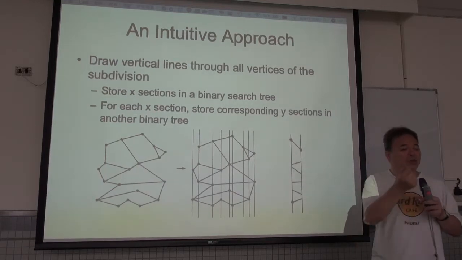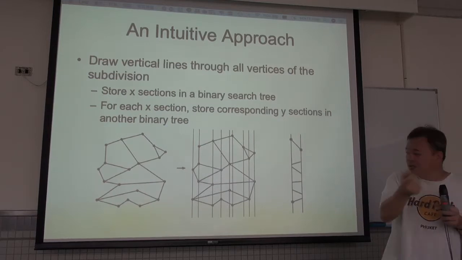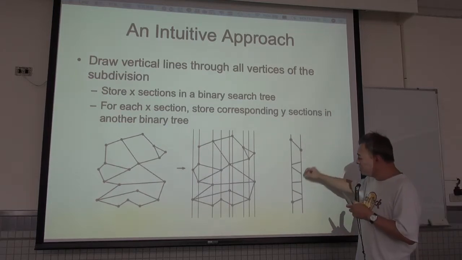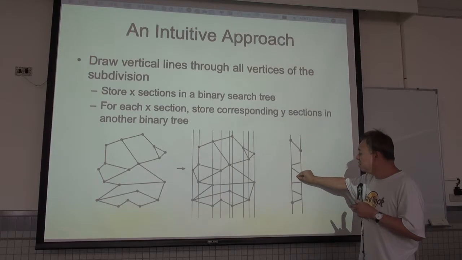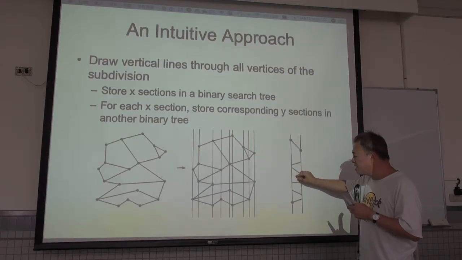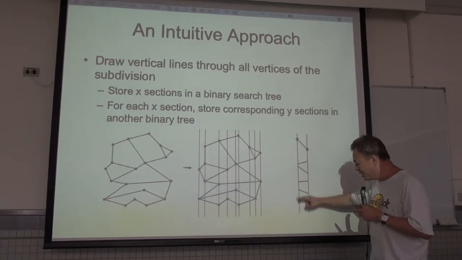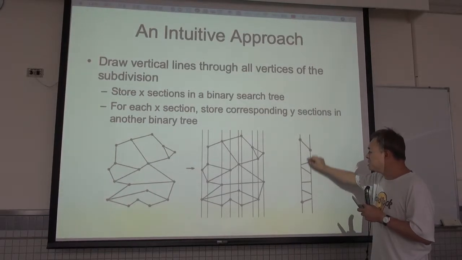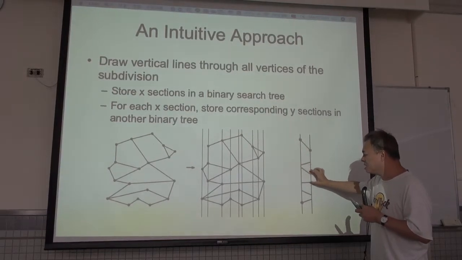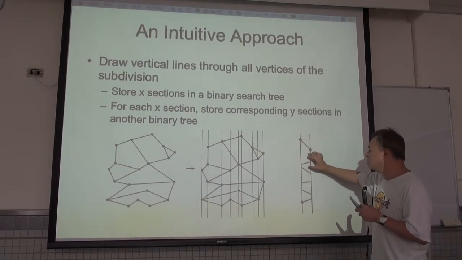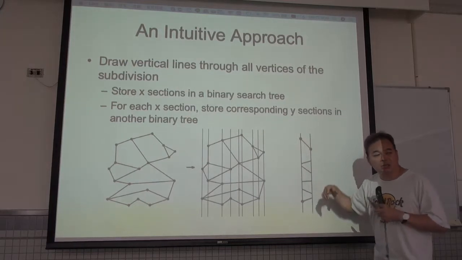So when you're given a point, you first check if that point is in the middle one. If it's lower than this one, you go to the left subtree. If it's above this region, you go to the right subtree, and so on.